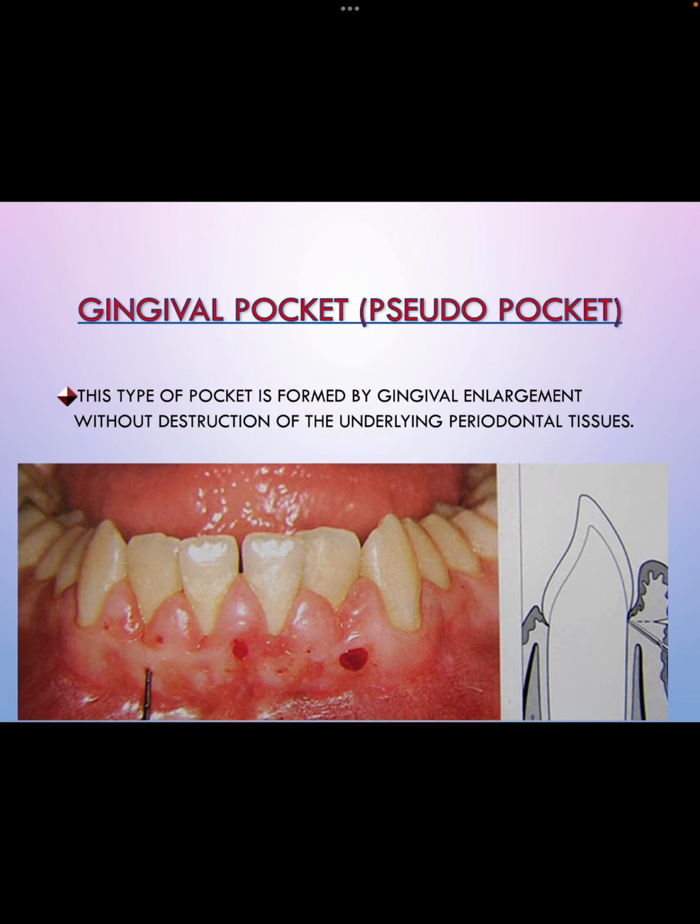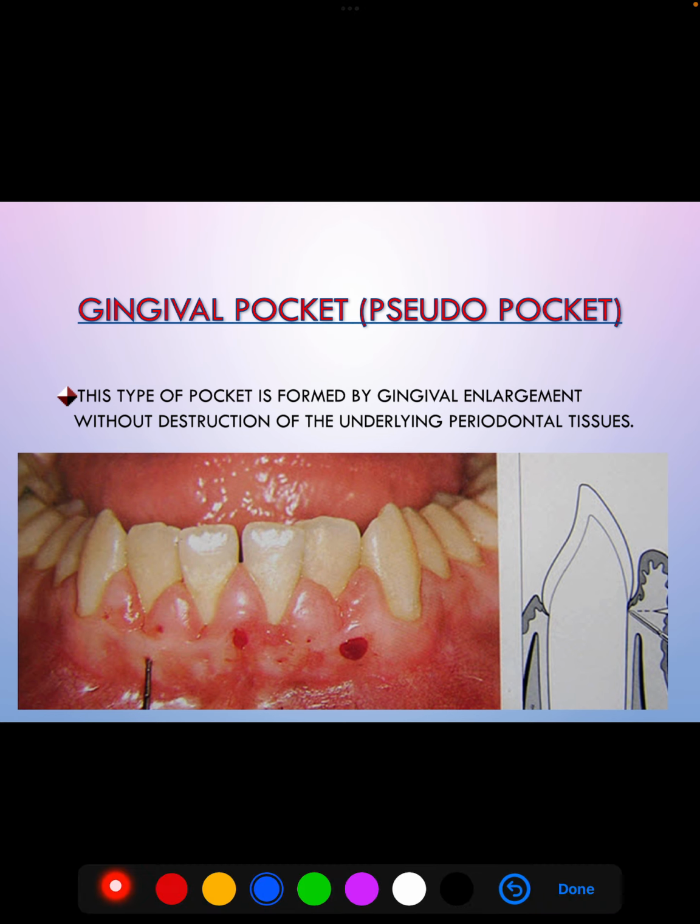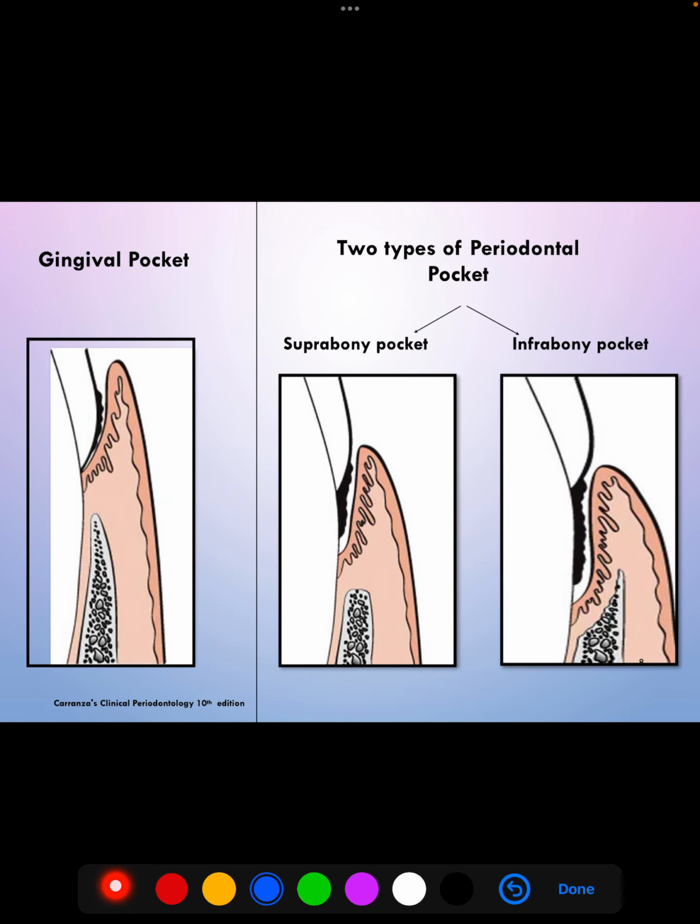Because here the pocket depth increases not because of the attachment loss or periodontal tissue loss, but because of the enlargement of the gingiva, and hence it is known as a pseudo pocket. We can clearly see in this diagram. So this is another diagram of a gingival pocket.